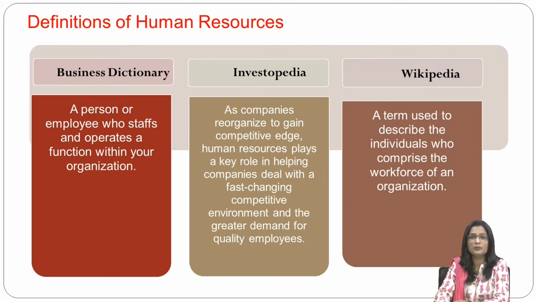We want the best person to be in the team. So when I talk about the organizational context, when you are recruiting people, every organization will aim at having the best person in their team, in their workforce. So these are the distinctive definitions of human resources given by 3 different dictionaries.